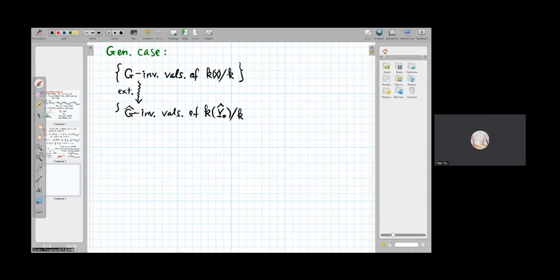So we have this extension property. This means that the map from G-hat invariant valuations on the affine cone to the G-invariant valuations of X, the restriction map, is surjective. Every G-invariant valuation can be extended.